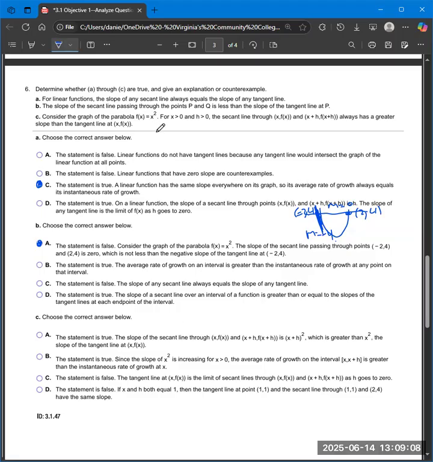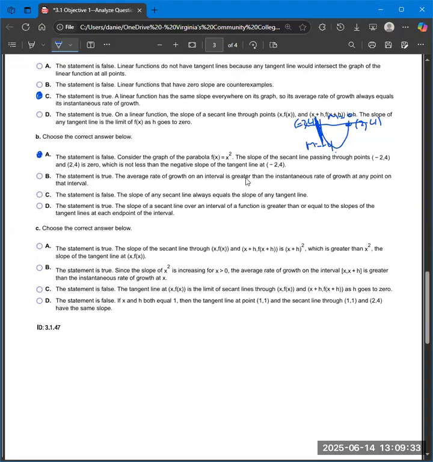All right, consider the graph of the parabola f of x is equal to x squared. For x greater than 0 and h greater than 0, the secant line through (x, f of x) and (x plus h, f of x plus h) always has a greater slope than the tangent line. That's true. So let me draw the picture and show you what we're saying.